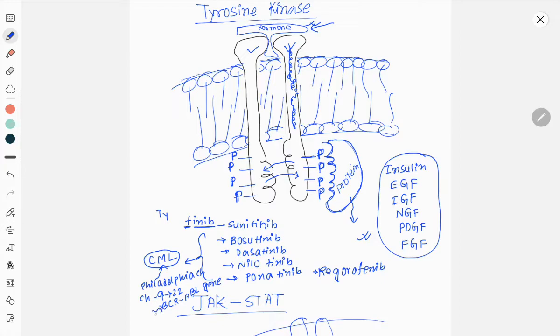This is a type of tyrosine kinase receptor which is blocked by these tinib drugs, ultimately leading to downregulation of this tyrosine kinase receptor and some improvement in CML. Sunitinib and regorafenib are also used in case of hepatocellular carcinoma.